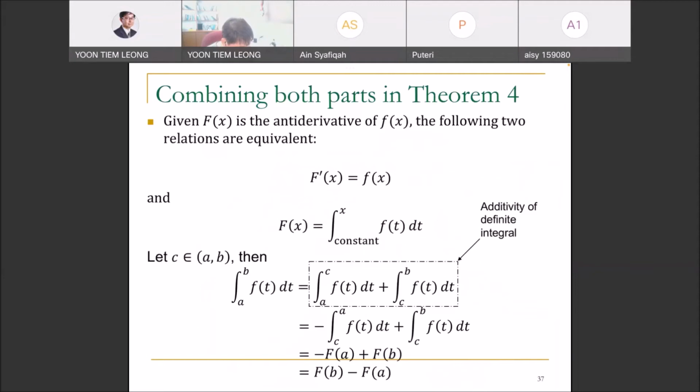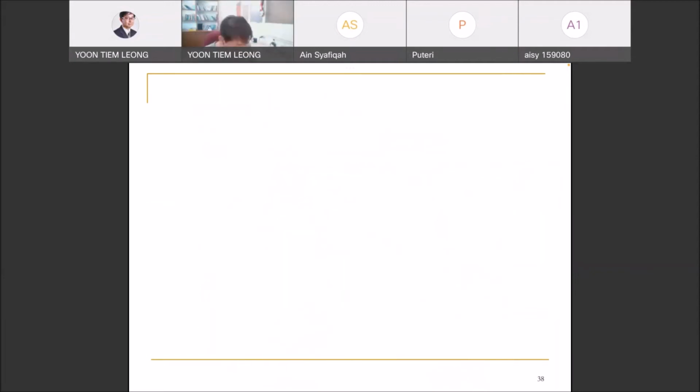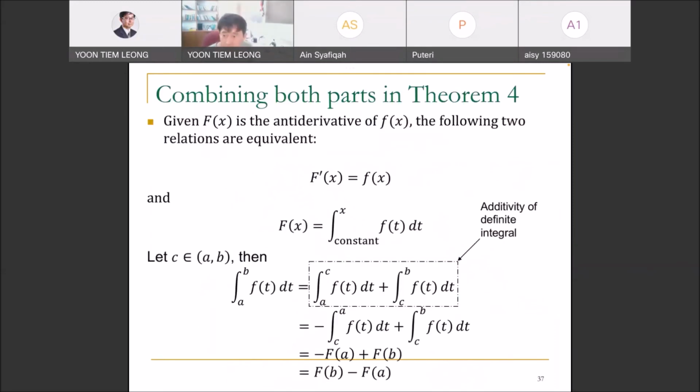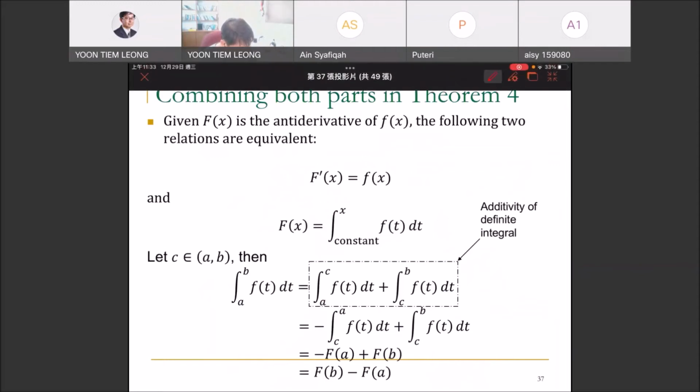So there is a proof that you can easily read for yourself. So according to the, wait for the slides to show. It's taking a lot of time to show the screen correctly. Okay, so you can easily get the proof of the second part of the fundamental theorem of calculus. So by definition, we have already proven this from the first part of the fundamental theorem of calculus.